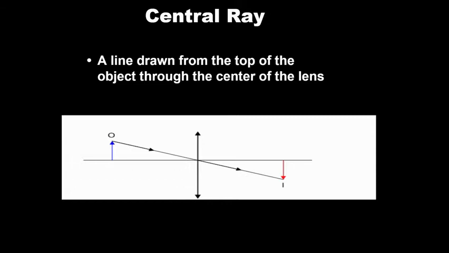I know that if mine isn't exactly where I would like it to be, I just erase it and try again. And if it takes me more than 2 or 3 times, I usually just say, hey, it's close enough. And the closer you are to actually meeting those crosshairs, the less error you will have in your diagram. However, there is an acceptable amount of error for these hand-drawn ray diagrams. So that is the central ray, and really probably the easiest to draw.